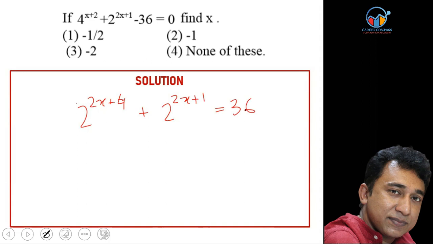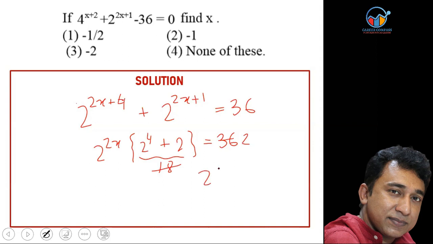So you can take out 2 to the power 2x, which can be taken as common. Then you are left with 2 to the power 4 and 2, that is 36, right? Which basically means over here you have 18. So you will get 2 to the power 2x equal to 2, which is 2 to the power 1.